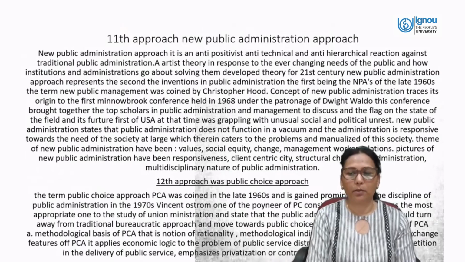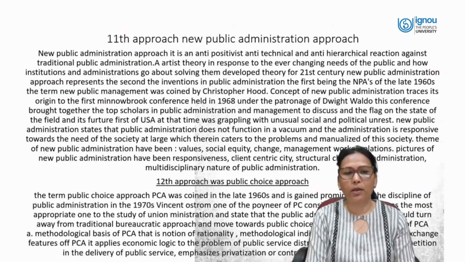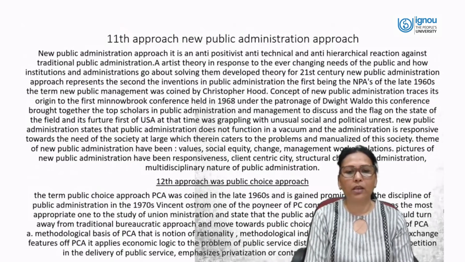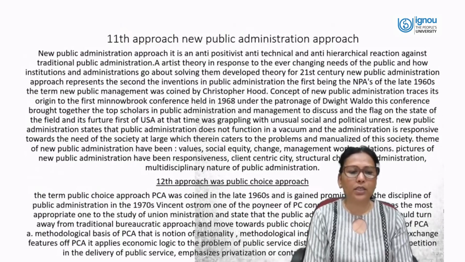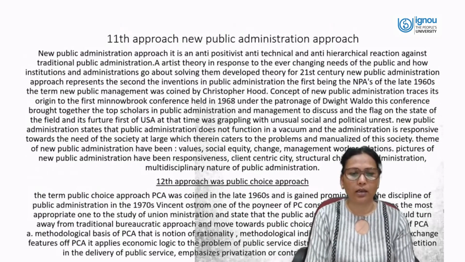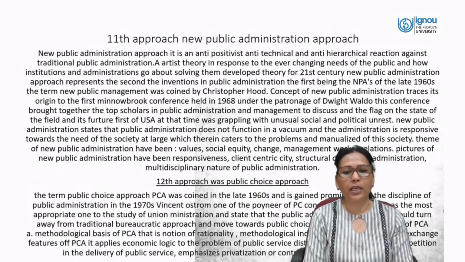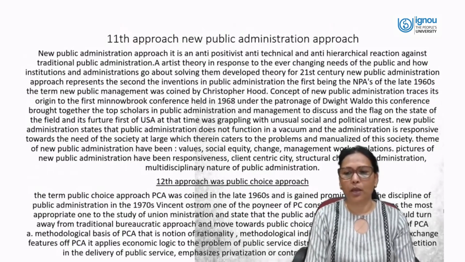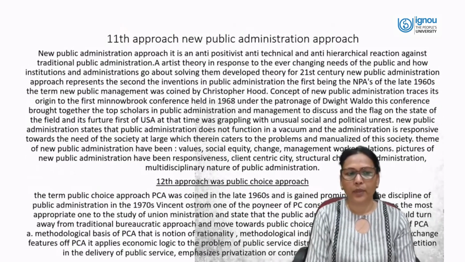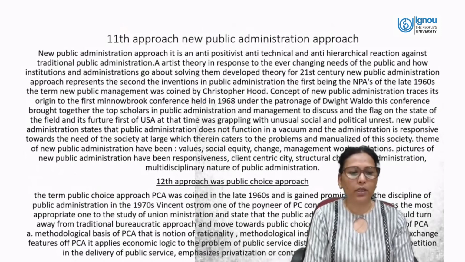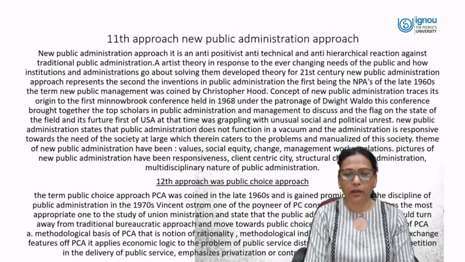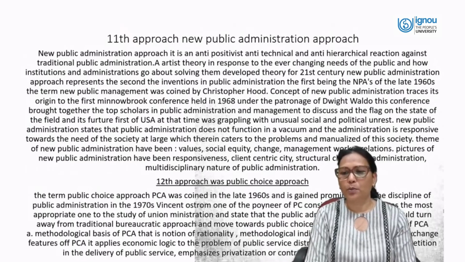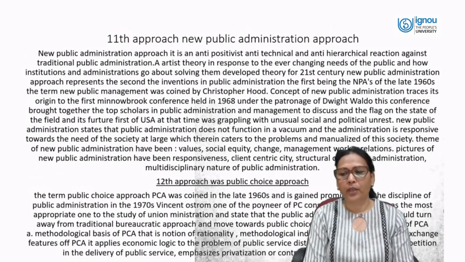That was the reason for making new public administration. Now, new public administration states that public administration does not function in a vacuum, and the administration is responsible toward the needs of society at large, which therein caters to the problems of this society. Themes of new public administration have been values, social equity, change, management, worker relations.